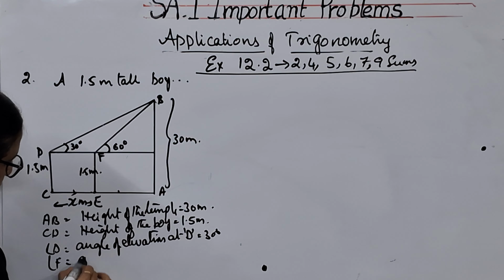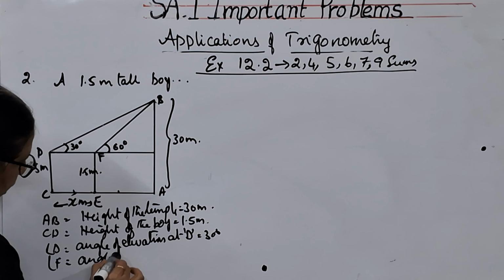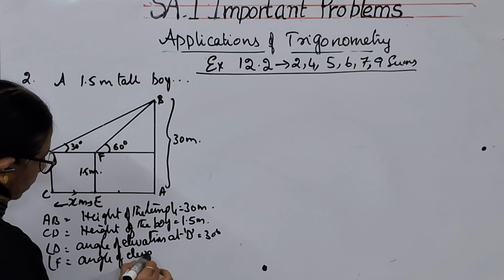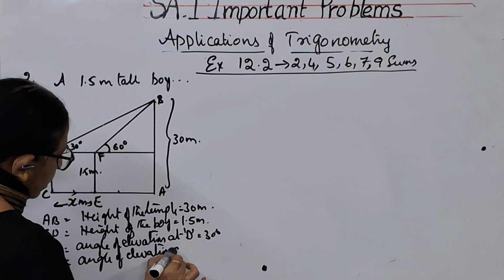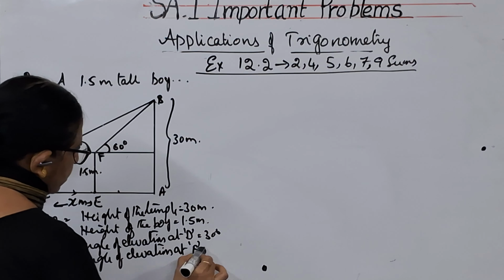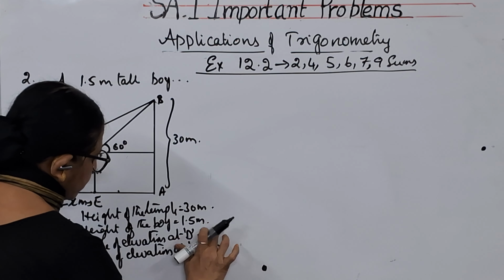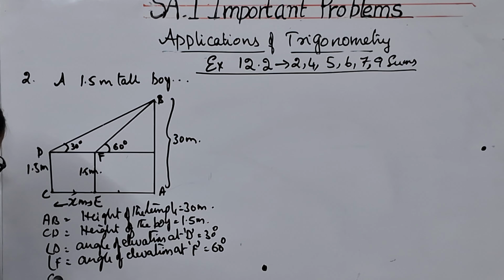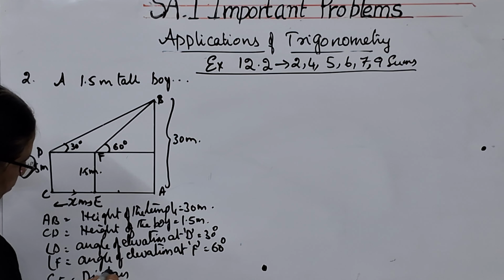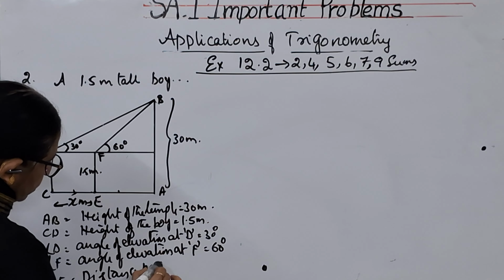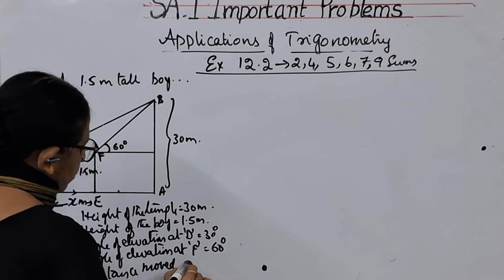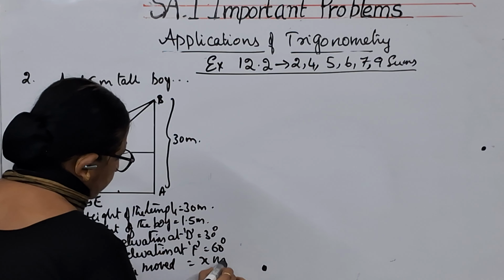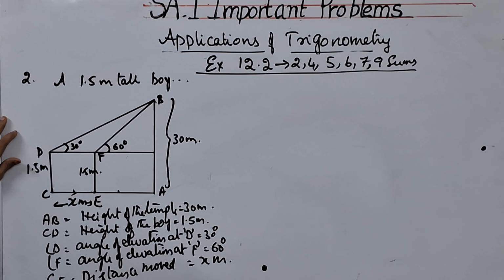The angle of elevation at F is 60 degrees. And CE is the distance moved, that is equal to x meters. So these are the values that are given to you, children.